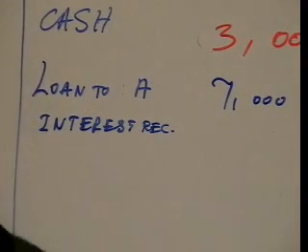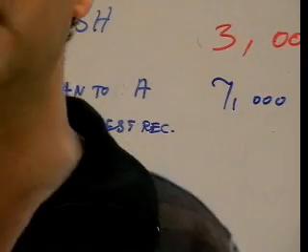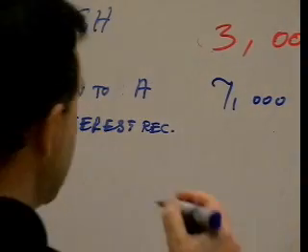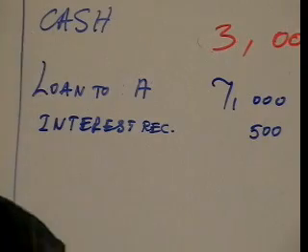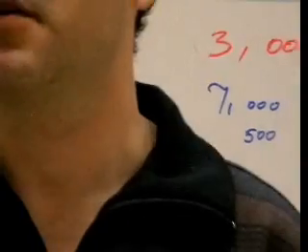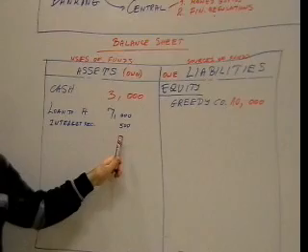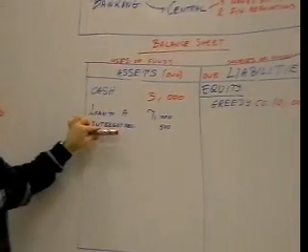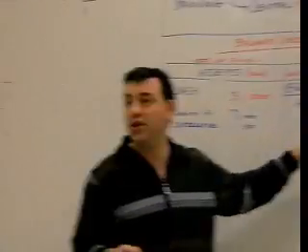So I will be receiving an interest on top of my loan, which is going to be, let's say, 500. Okay? So, oops, I am out of balance, right? So once I added the interest receivable, I gotta have something here.